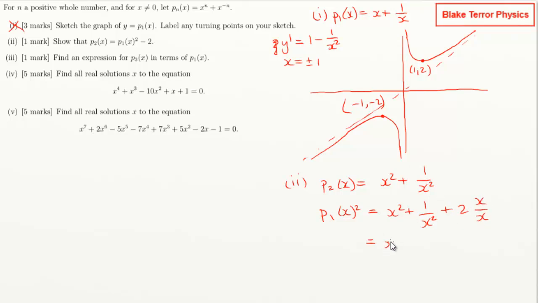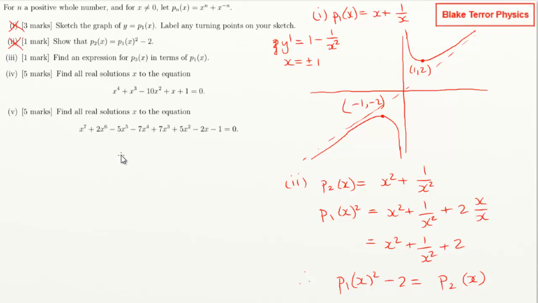So that is x squared plus 1 over x squared plus 2. So there we go, we've got therefore p1 of x squared minus 2 equals p2 of x. Right, so that was quick.